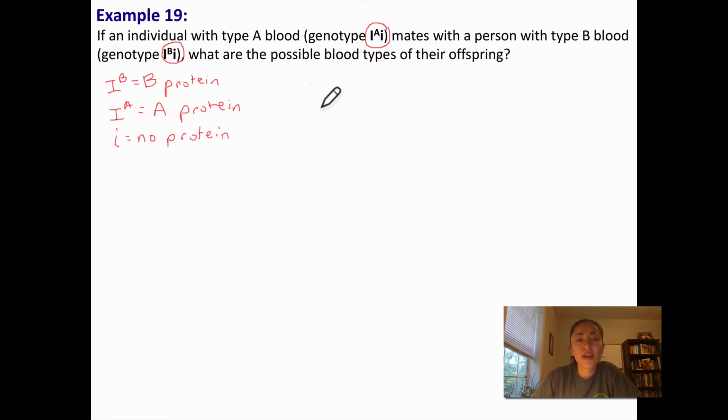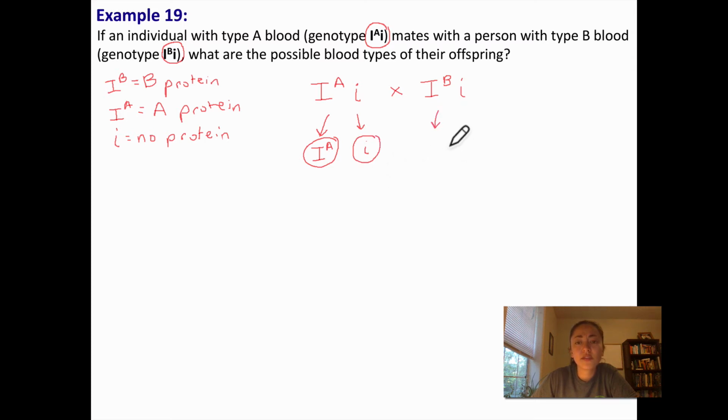All right, so what are our parents? Well, one parent is this allele combination. The other parent has these two copies of the gene for blood type A and type B. So this is just like any monohybrid cross. What are the possible gametes this individual could make? Well, they could make a gamete that has the IA allele, or they could make a gamete that has the little i allele.